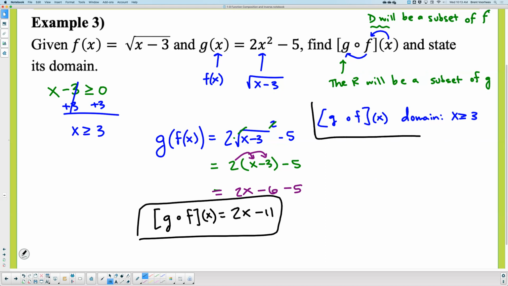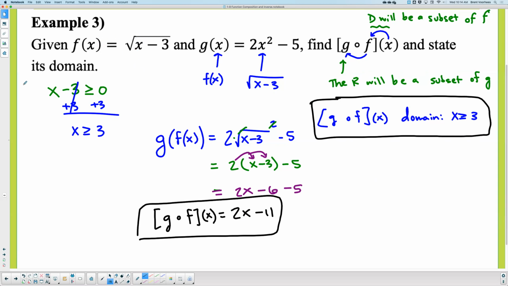And here's our domain. Now what's interesting is when you look at this equation, it looks like it should be all reals, does it not? When you look over here, do you see any divisions or any square roots? No, so you would think it's going to be all reals, but the domain is a subset of this. It can't be all reals. That was from f.